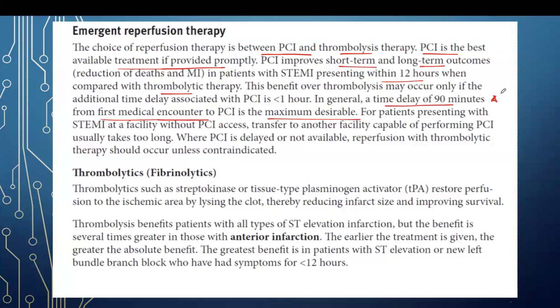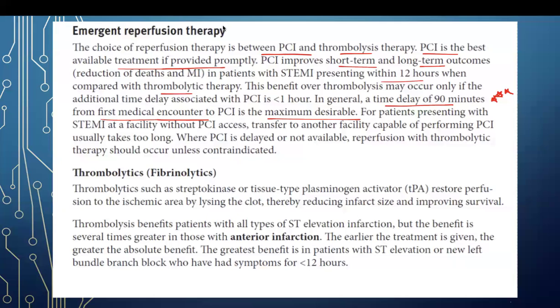Now, please don't get confused with this line, because that's when you get confused. You always ask me that it's written in the journal that it should be within 90 minutes, but the patient came to me after 5 hours. So it is not the case. This 90 minutes is the goal. It's our aim that as soon as a patient enters our hospital door, within 90 minutes we can take this patient for a PCI, that is desirable and ideal.